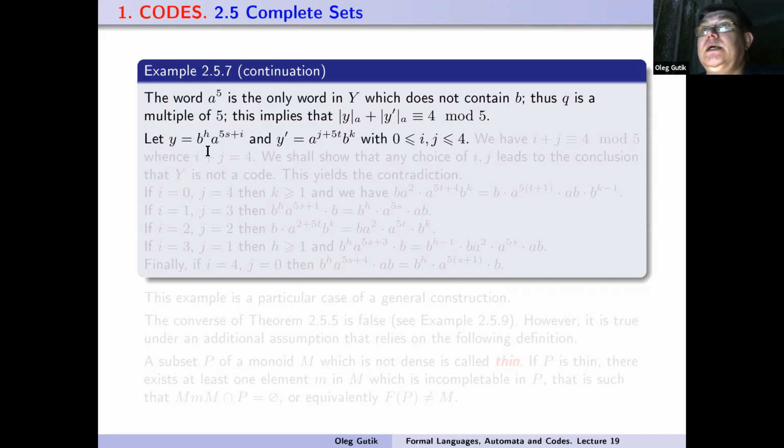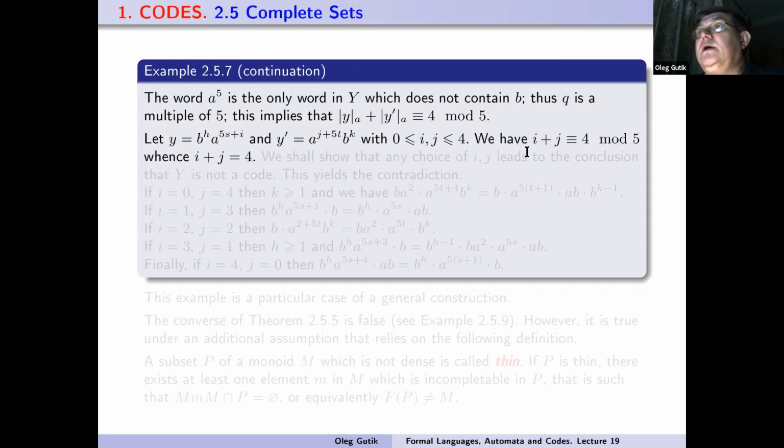Let y be equal to b to the power h, a to the power 5s plus i, and y prime equal to a to the power j plus 5t multiplied by b to the power k, with i and j from 0 to 4.